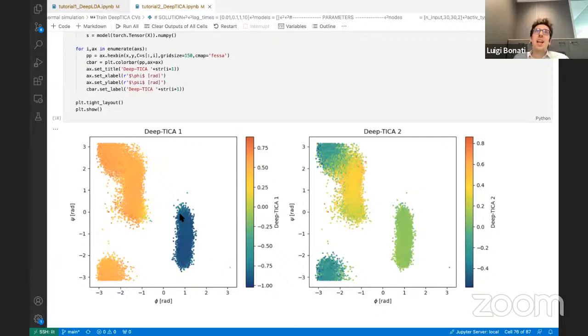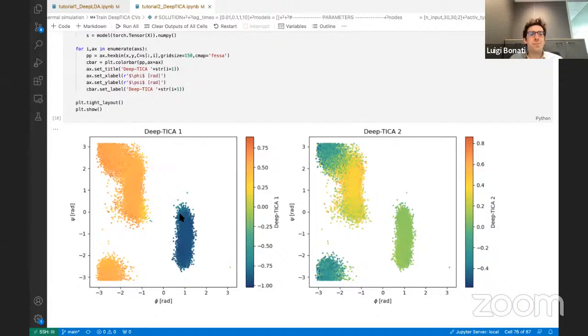So what these CVs are giving us are the slow modes, the slowly decorrelating modes, of a biased simulation. This allows us to systematically improve on the CVs, or the simulation, we were using in the first place.